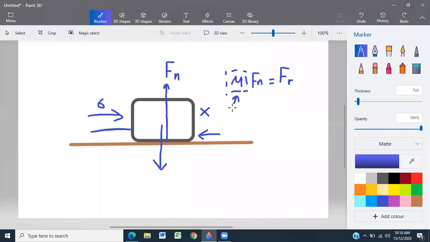Now, the way we get this constant is just through research, empirical experiments by engineers, scientists, physicists. What they did was they started to put materials together, try and push them, try and move them, apply forces to them, and see how they vary with respect to the weight and the force needed to move them.